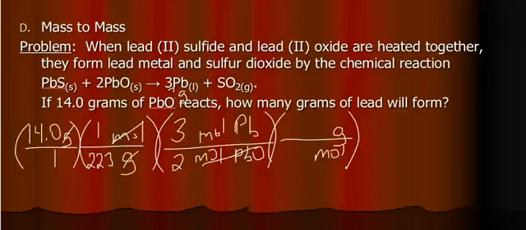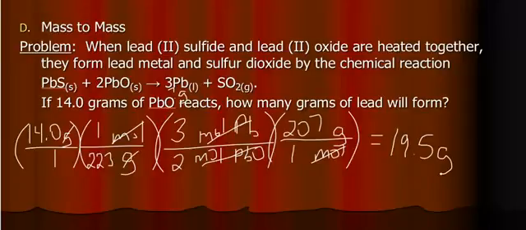So go back to the periodic table, find the molar mass of lead. In each of the problems so far, I've just added 1 step each time. But how many grams of lead will form? Just do the math. 19.5 grams of lead.